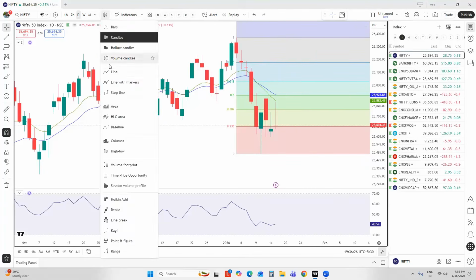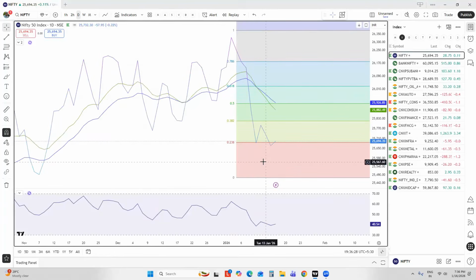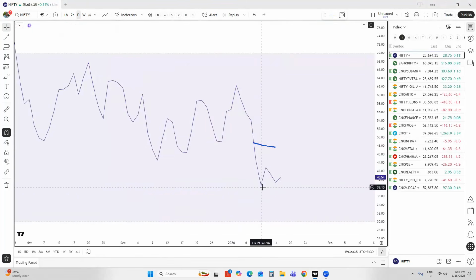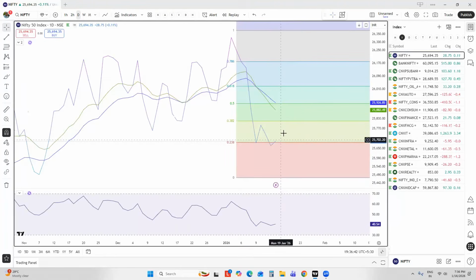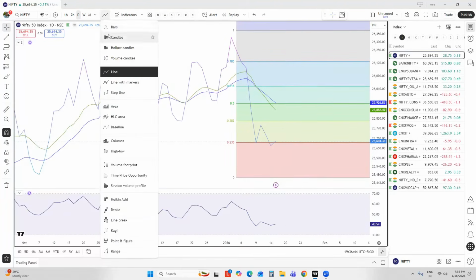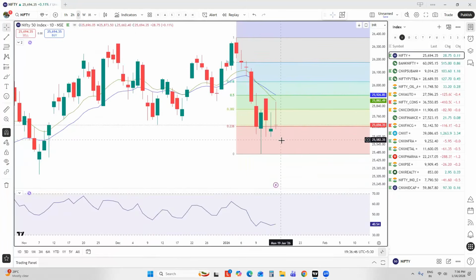And again, if I convert this particular chart into a line chart, we do have a lower low in price, and if we check here in RSI, we do have a higher low. So which clearly shows us that yes, we do have a positive divergence. Now, is this positive divergence strong if you only compare the daily chart?